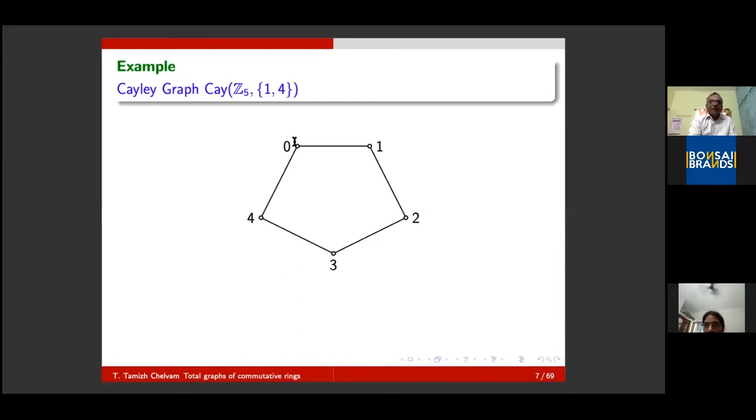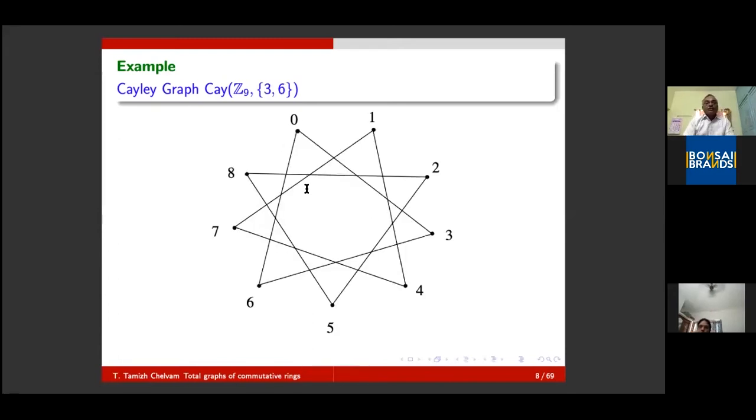And even if you take 0 minus 1, that is 4, it is there. So this is literally the Cayley graph of the finite group of congruence modulo 5 classes with respect to addition modulo 5. But that can also be recognized as the Cayley graph of the ring of congruence modulo 5 classes with respect to addition modulo 5 and multiplication modulo 5.